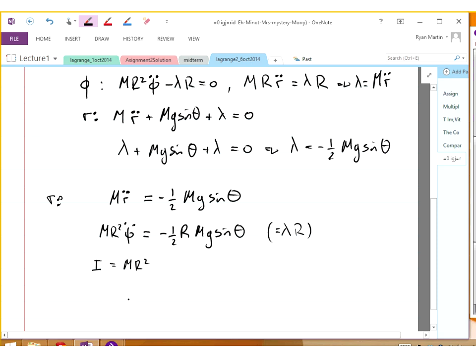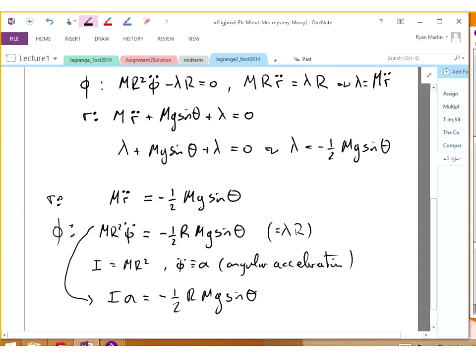So the second equation is something like I phi double dot. Maybe in undergrad mechanics you might have called that alpha for the angular acceleration. So the second equation of motion that we got is of the form I alpha equals minus a half r mg sine theta.